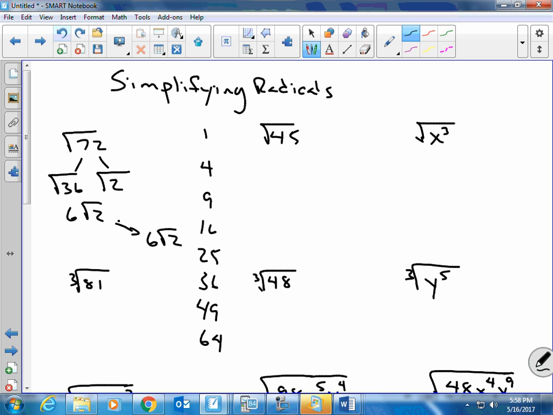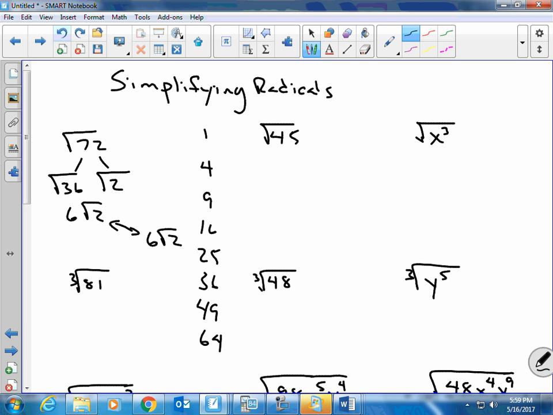And I get the same answer whether I did it in 1 step or 2 steps. So don't stall out saying, well, I don't know the biggest. Okay, just pick one. Find something that's a perfect square that goes into the number, break it down, and then ask yourself the question, is what's left inside factorable? Or can I take a perfect square out of it also?